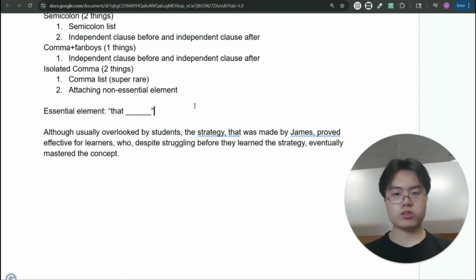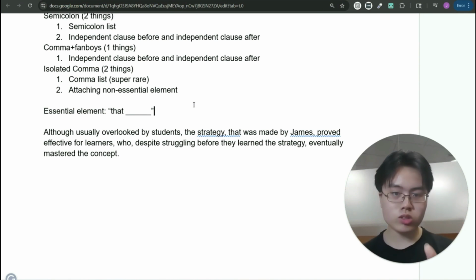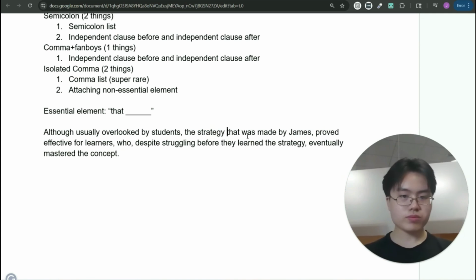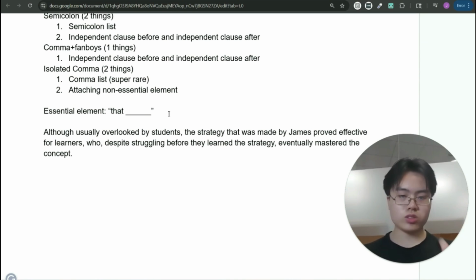I'm sure there's more in modern English, but on the SAT, the only exception to additional information being non-essential is if the word that is at the beginning of it. So if you see the word that, whatever the word that introduces as additional information, there are no commas around it.